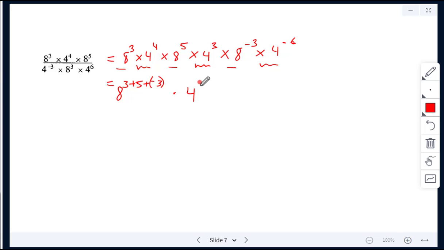So writing that, 4 plus 3 plus negative 6. And that gives us 8 to the power of 5, so 3 plus 5 minus 3 gives me 8 to the power of 5, and then a dot to represent multiplication, and 4 plus 3 minus 6, which is 4 to the power of 1.